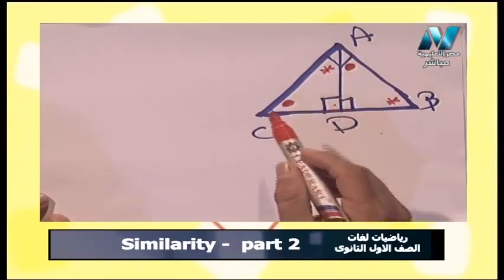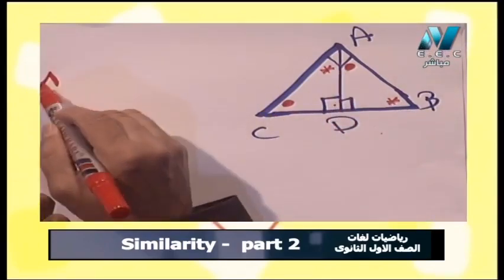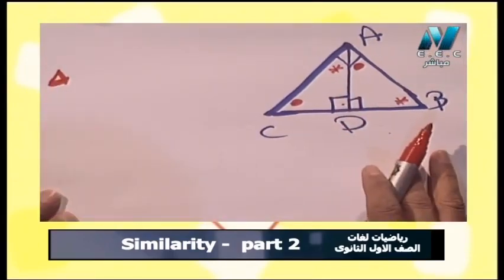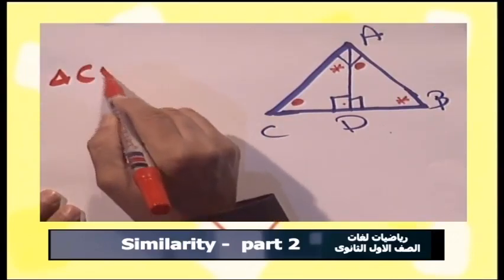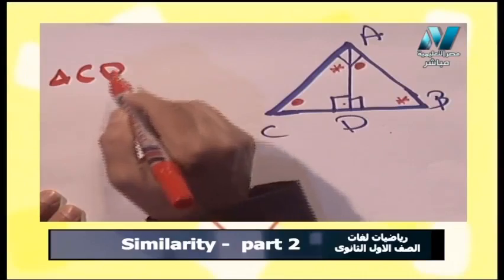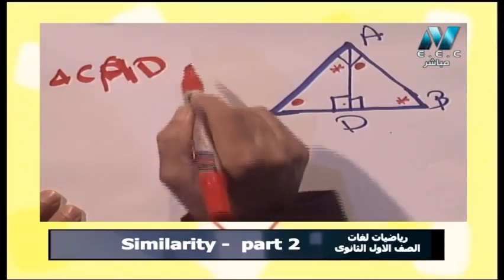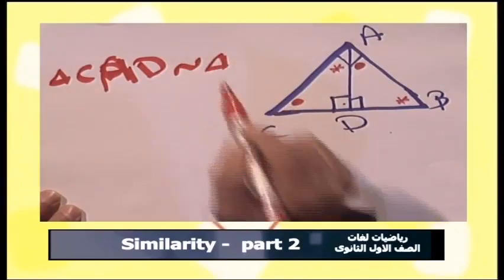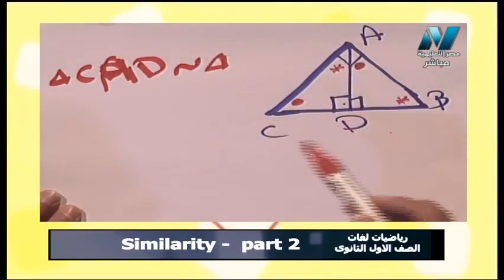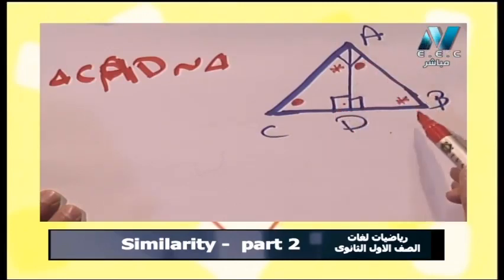So it's triangle CAD, which will be similar to triangle ABD, dot, star, right.